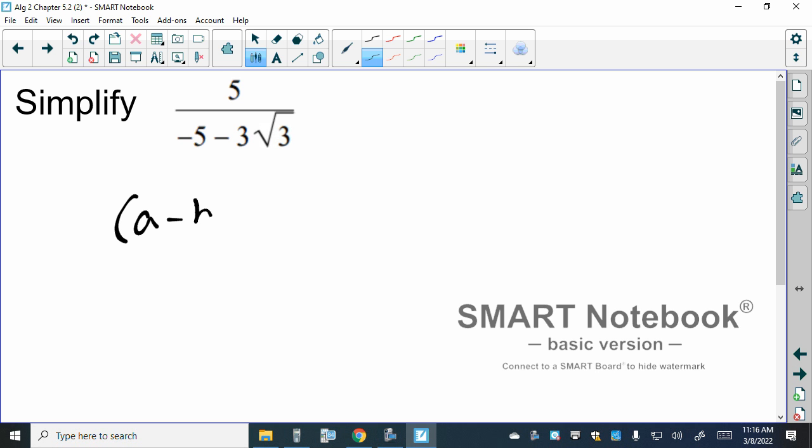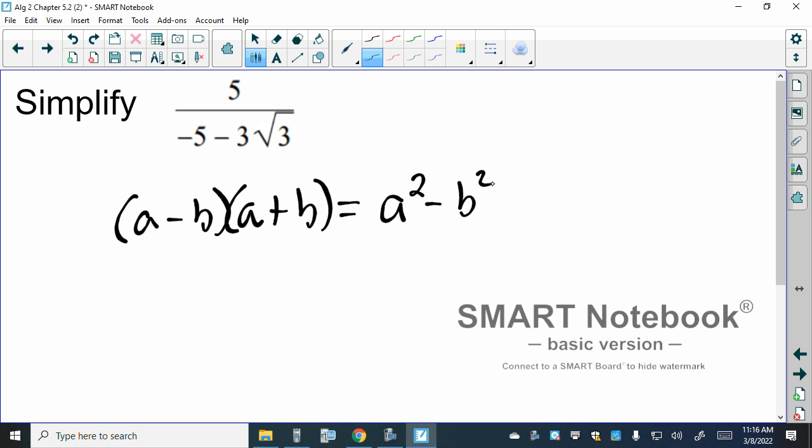Because our a minus b times a plus b, if we expanded this, is a squared minus b squared. Whenever we square a radical, the square root and square would cancel out. That's the principle behind why this works.